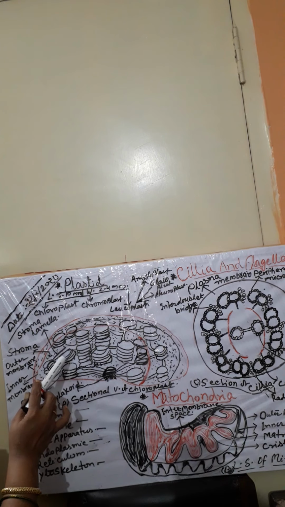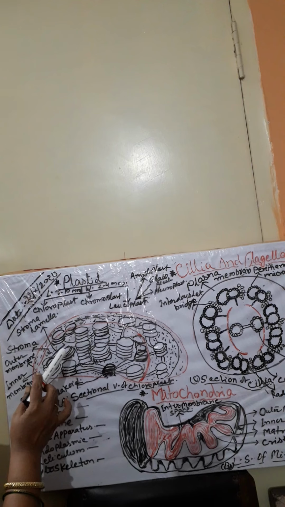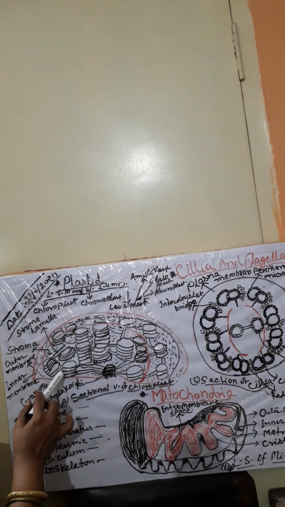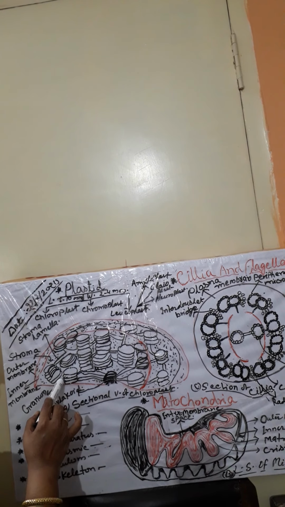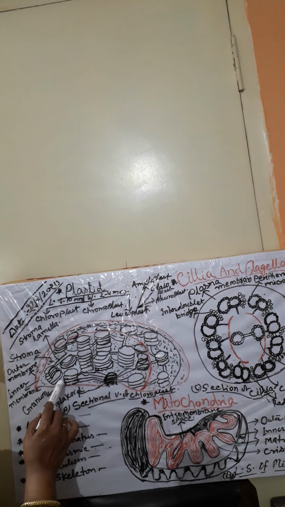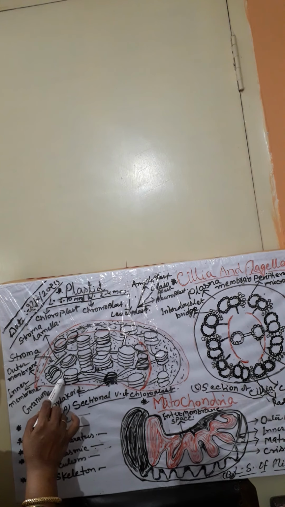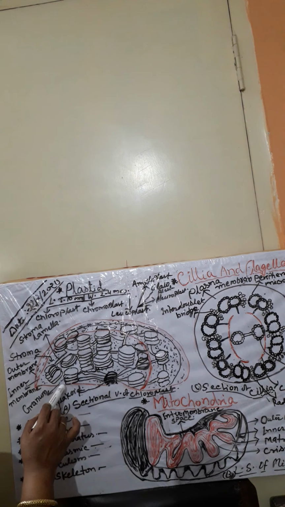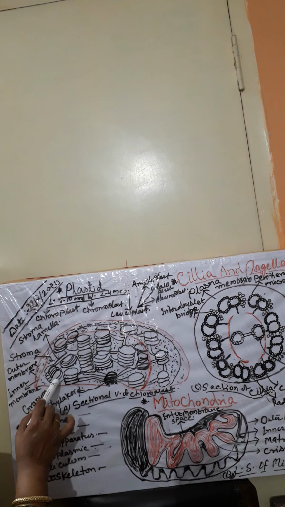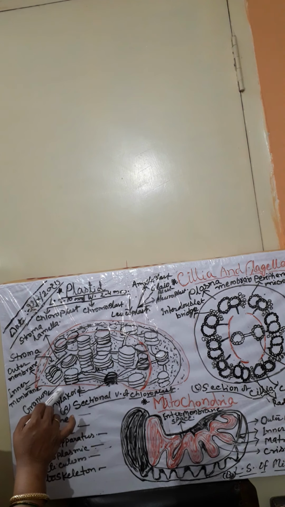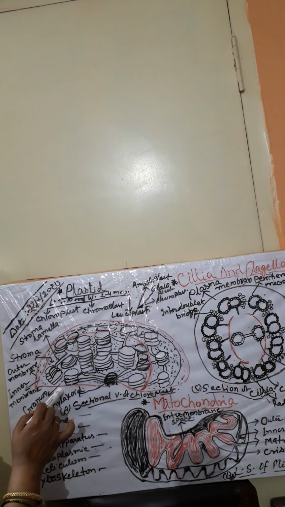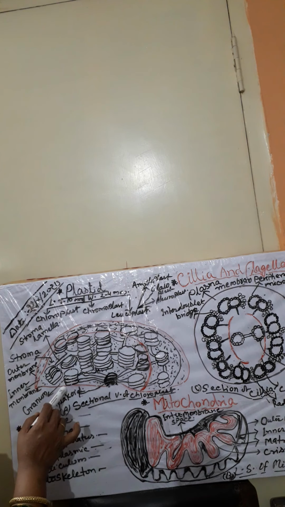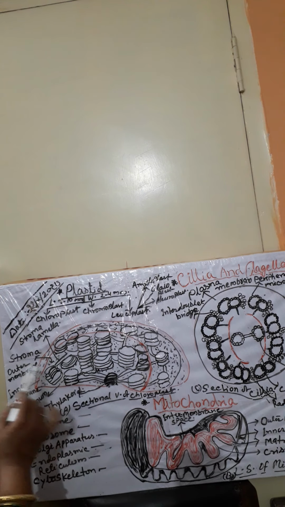The stroma of the chloroplast contains enzymes which are required for synthesis of carbohydrates and proteins. It also contains small double-stranded circular DNA molecules and ribosomes.